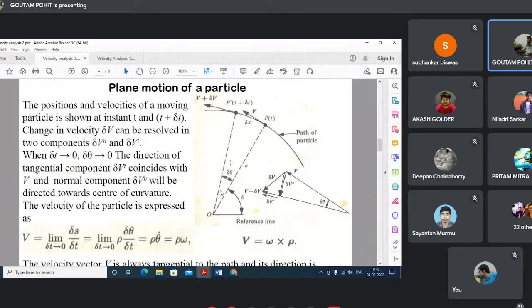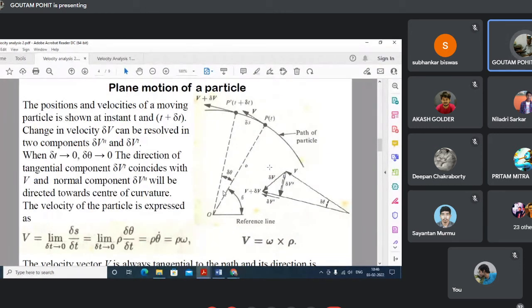Now if I draw these two velocities, what will happen? This is v, which will be parallel to this one. This is v plus delta v, parallel to this line. Now what is the change in velocity? This is the change in velocity, delta v. So due to the motion, even with constant speed, there is a change in velocity.